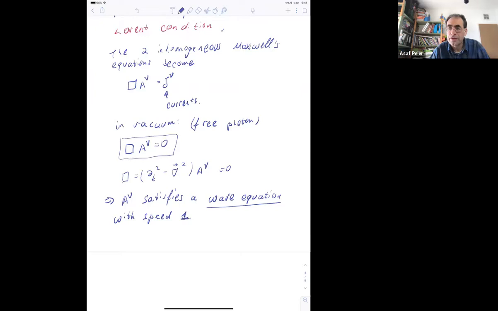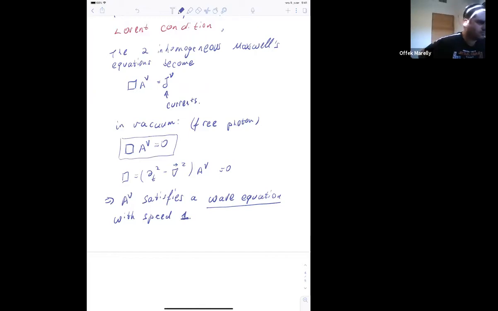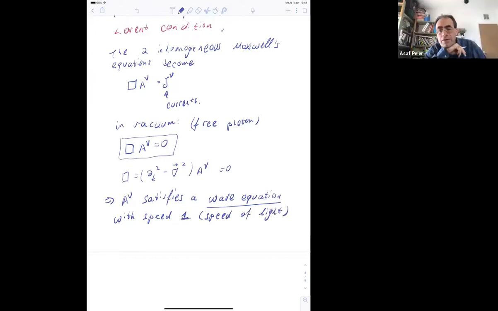This is natural units, right? So what is it in real units? C, exactly. This is the speed of light. So I can think of this 4-vector potential as a vector that satisfies the wave equation, which in vacuum travels at the speed of light.